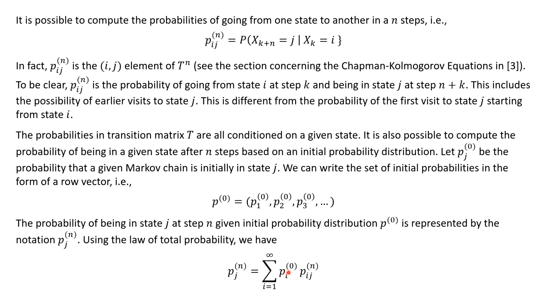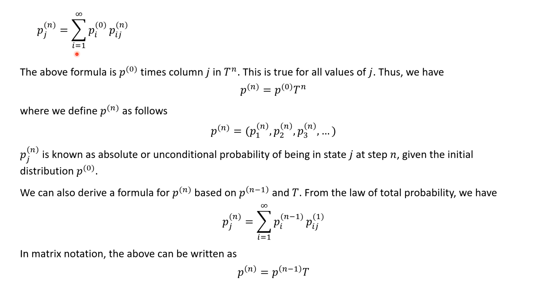For each initial state, multiply its probability by the probability of going from that initial state to state j in n steps, and you sum over all the different states. I showed infinity here, but there could just be 10 states or a finite number of states. I copied the equation from the end of the last slide.